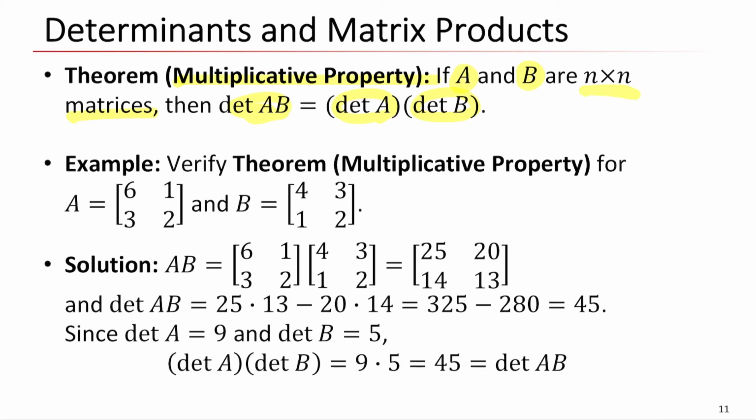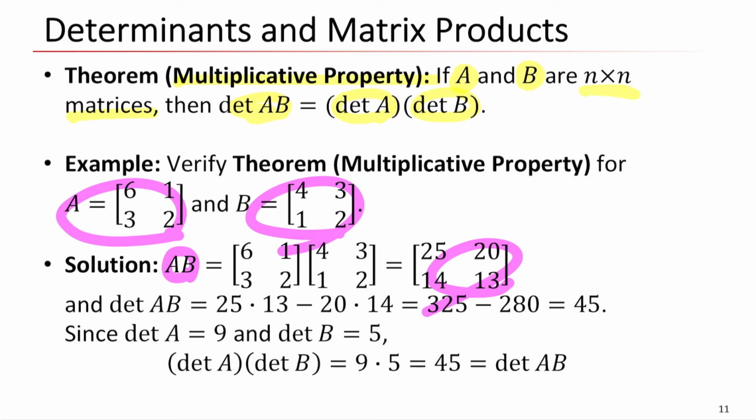Actually there is a proof for this theorem, but here let's just verify it for a very simple case, the 2 by 2 matrix case. Let's say matrix A is something like this, and matrix B is something like that. Then matrix A times B is equal to this one.